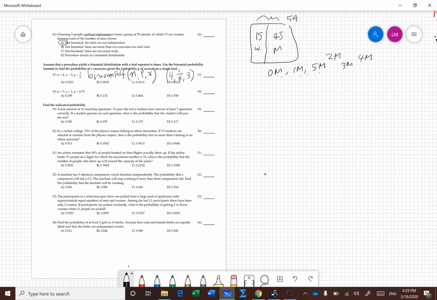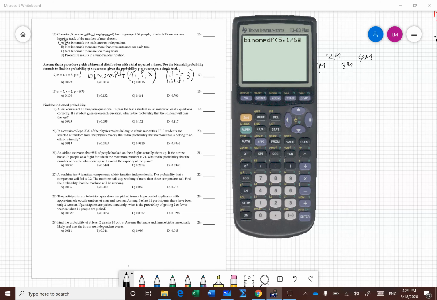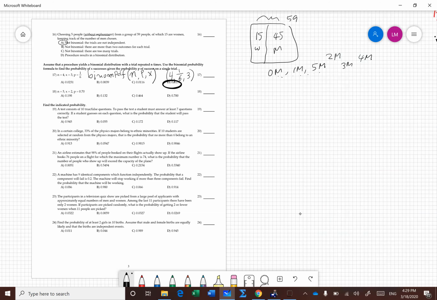Okay, so let's go back. Let's do it again. Second bars, go down, binom PDF, 4, 1 divided by 6, and then 3. Okay. Then you get 0.1543. Do you have that? Yes. So the answer is D. Okay.